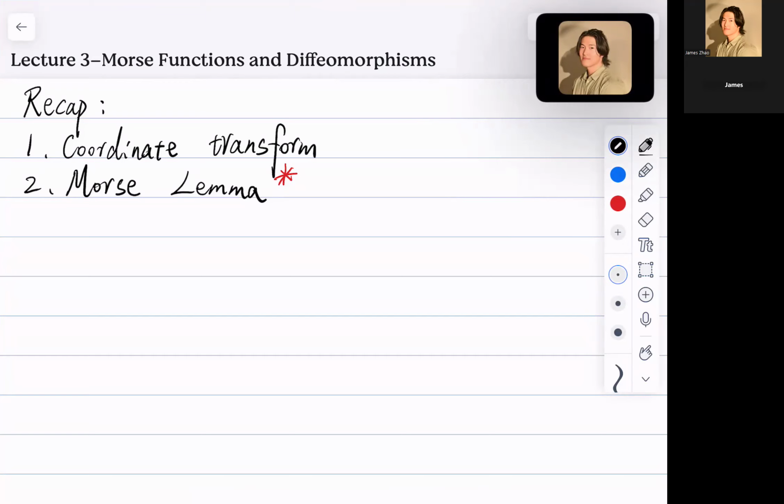Okay, great. Let's do a quick recap on what we covered last time. The first thing we covered is the coordinate transform. Why do we need this? Because we want to use this very important linear algebra fact to prove this very important lemma, which is actually, ironically, an actual theorem, called the Morse lemma later. So what does this coordinate transform do?